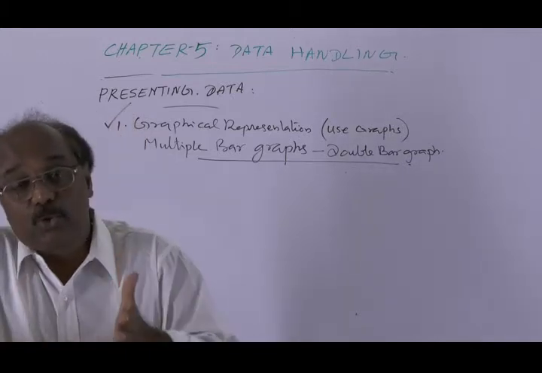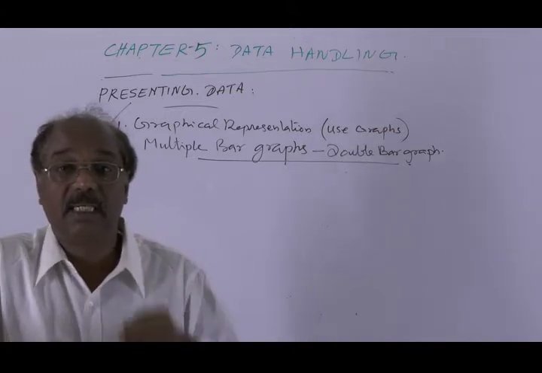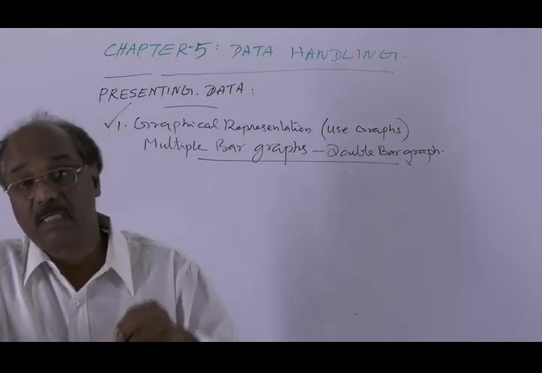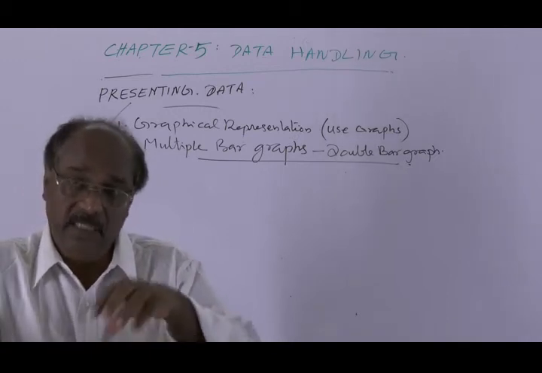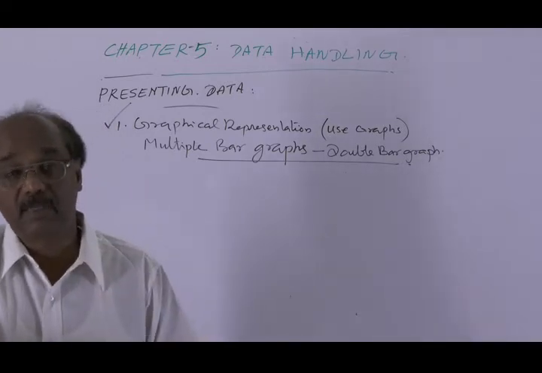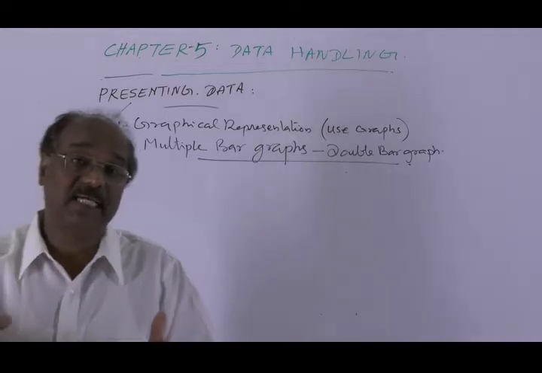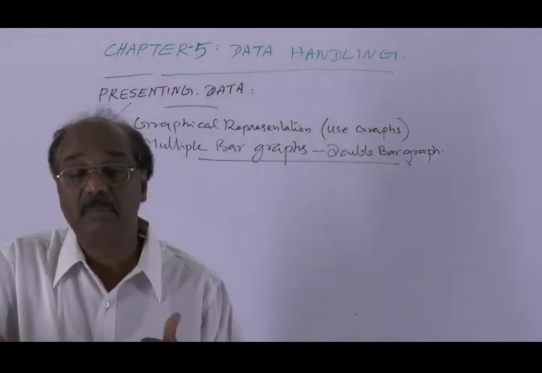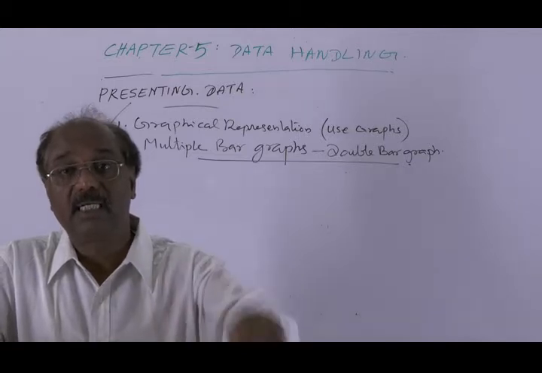If there are 2 bars corresponding to each unit, then it is called a double bar graph. If there are 3 bars, 3 data values, then it is said to be a triple bar graph and so on. In general, we say it is a multiple bar graph with, say, n bars.